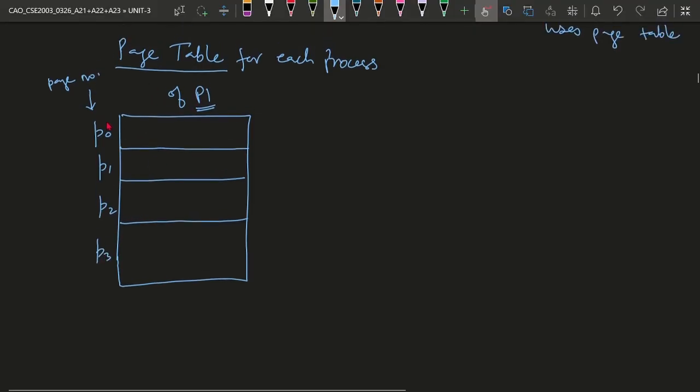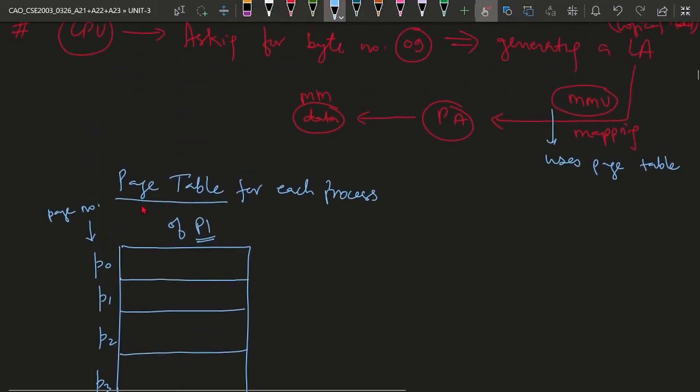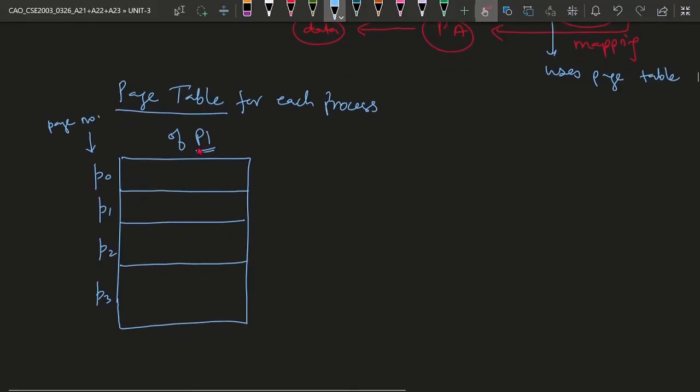Inside this page table there will be a page number with respect to each page. The size of the page table will have the same number of pages that a process has. If a process has 32 pages, the page table of that process will have 32 entries. But for our example, the P1 process had only 4 pages, so the page table will have 4 entries, and each will have the frame number.